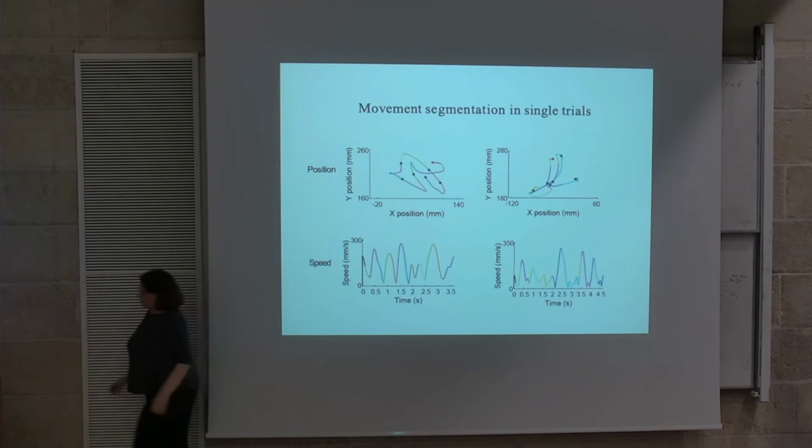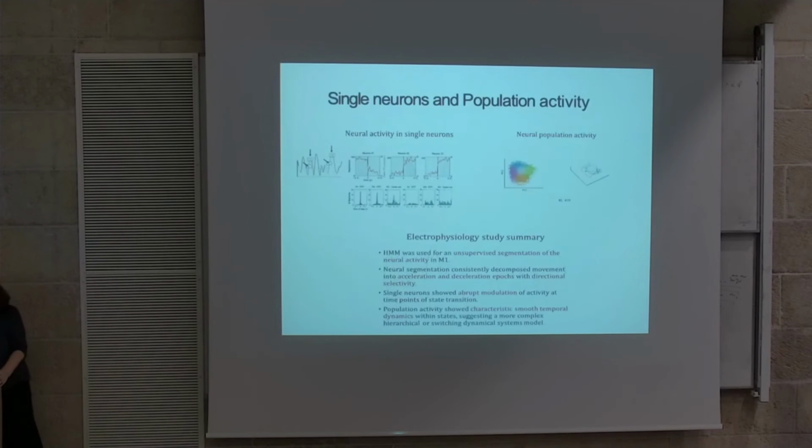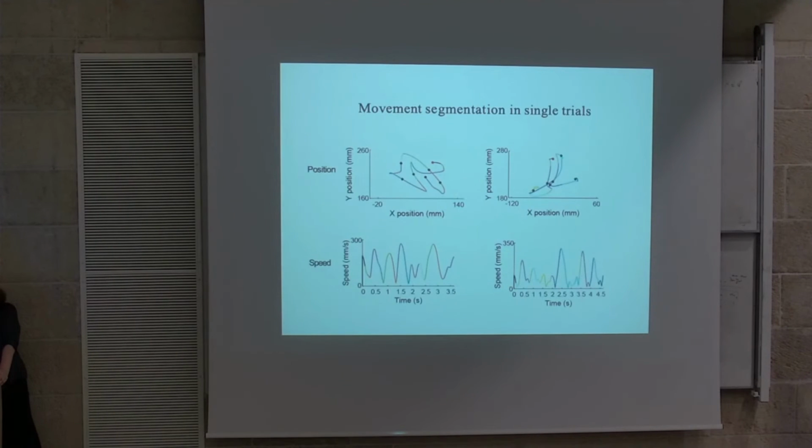And then they looked at the composition. And so they look at the population vector, and they can do encoding of trajectory in terms of acceleration, both direction and acceleration.